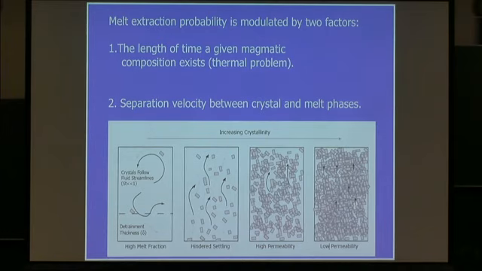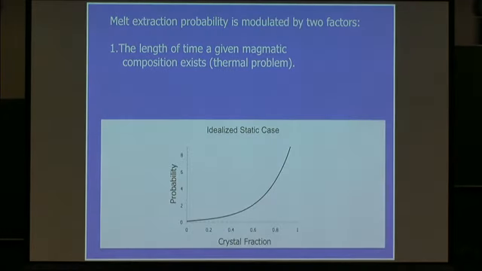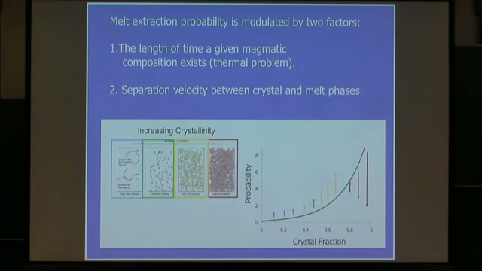Okay. So in cartoon form, if we just look at the thermal problem and assume a really simple case, we might assume that we spend relatively little time at low crystallinity and relatively high time at high crystallinity. In terms of the separation case, that's going to make it a little bit easier. We're going to change this curve a little bit at the low crystallinity end.